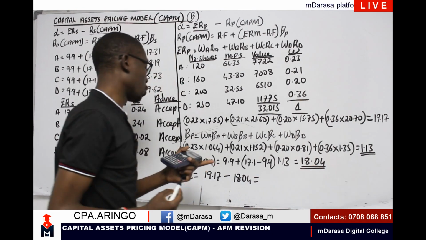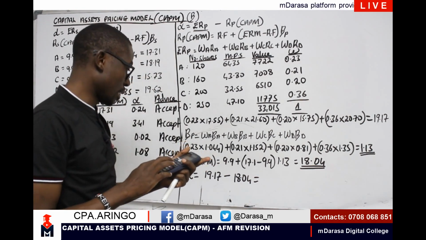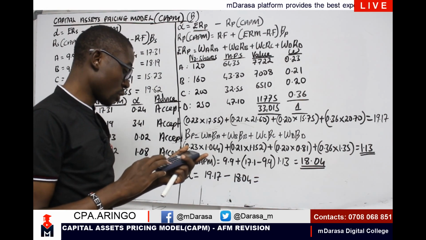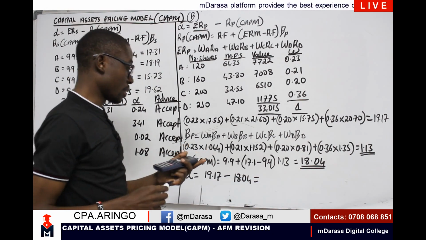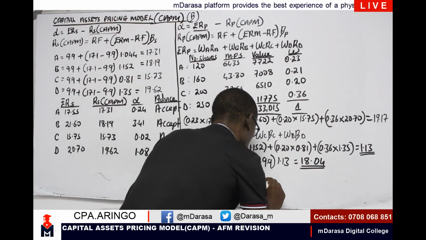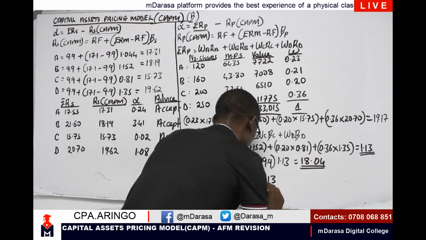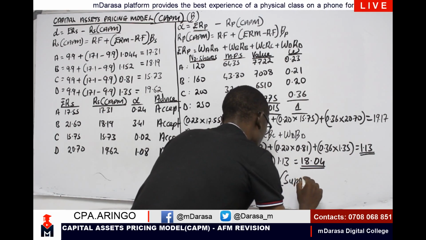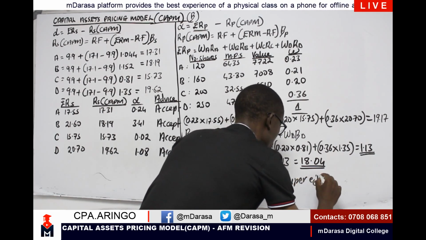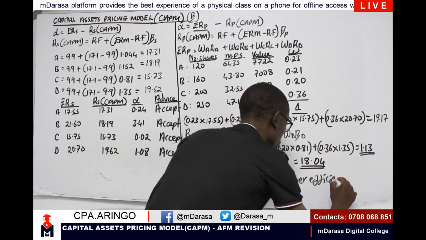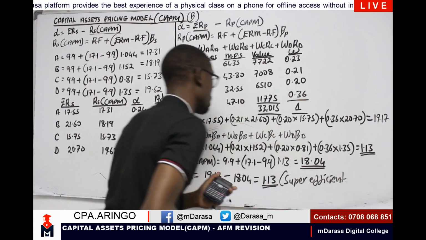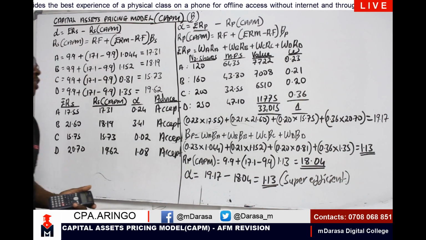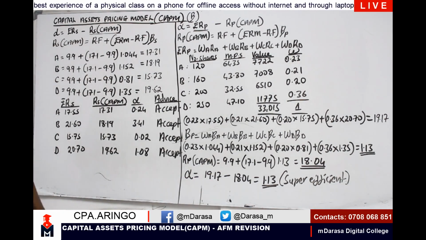So what should we be having? 19.17 minus 18.04. In this case, I'm getting 1.13. So ideally, this is what? Super efficient, because ideally it is a positive value. Our alpha is positive.